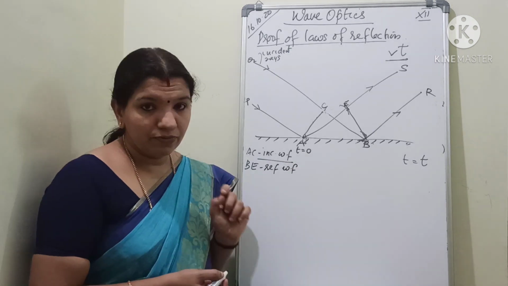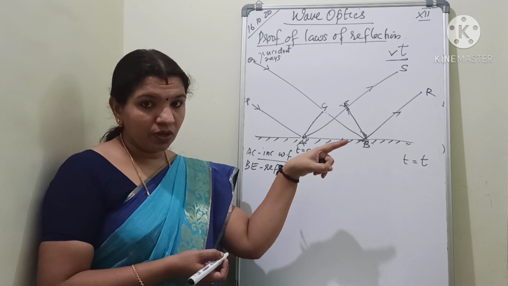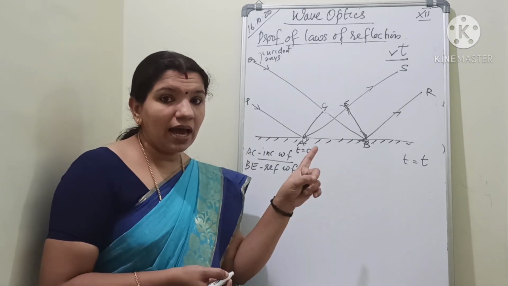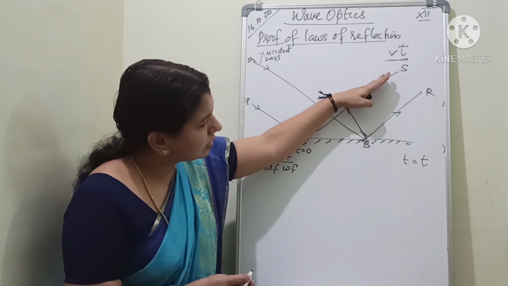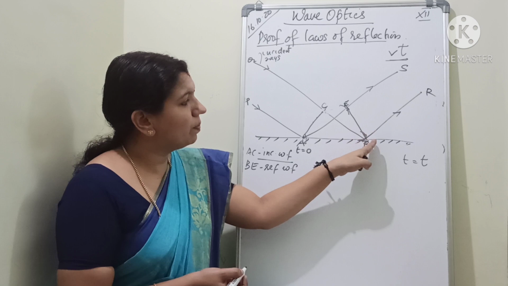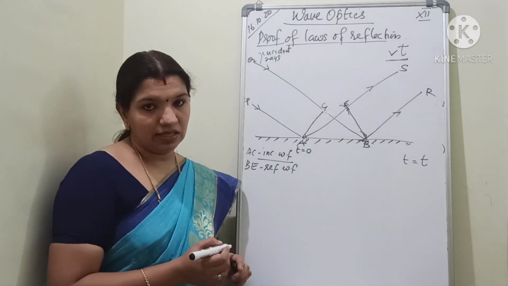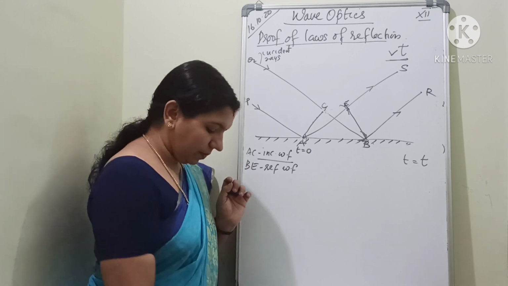Now I have to draw the reflected rays. You know the direction of the reflected ray is perpendicular to the direction of the wavefront, isn't it? For this wavefront, these two rays are perpendicular. So BR and AS are the reflected rays. Is that much clear? Okay. Now listen.